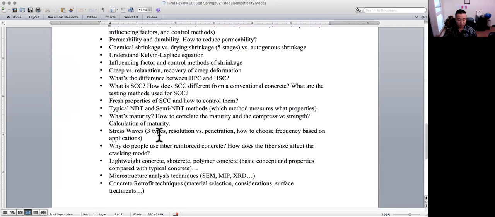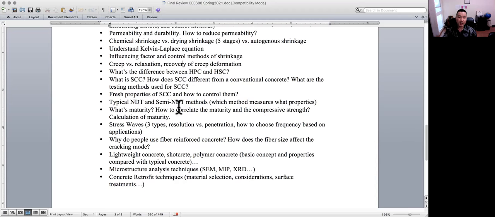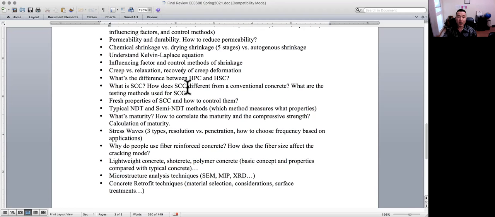So the next topic is the difference between high performance concrete and high strength concrete. High strength concrete is not equal to high performance concrete. Strength just means the strength is higher, but high strength cannot guarantee other performance is also good, such as durability.